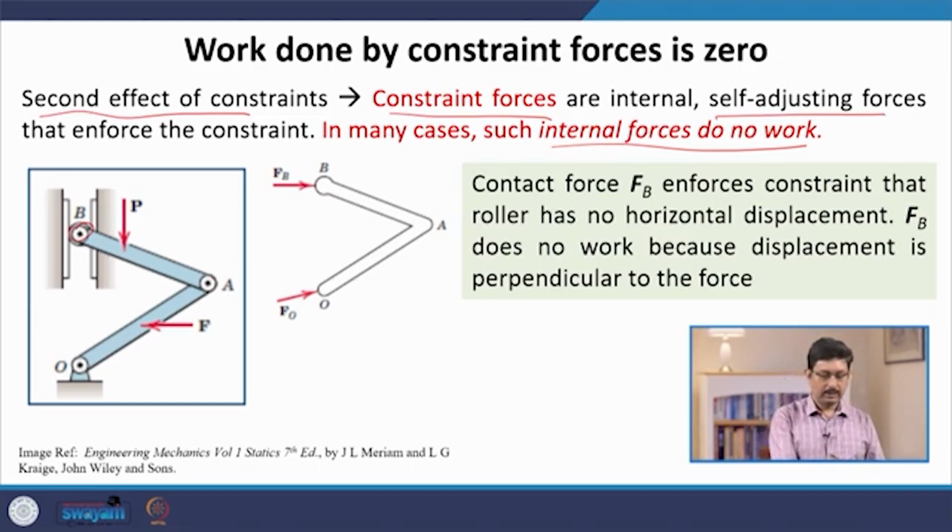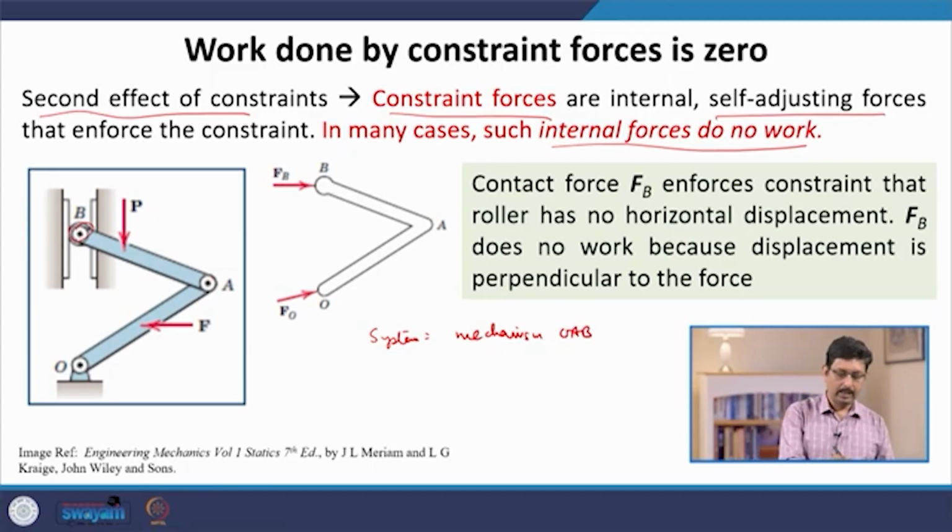Now, the constraint force, the contact. So, what are the external forces? If you take this mechanism OAB as your system, then there is an interaction between. So, there is a contact force, contact interaction at point B between the wall of the channel and the rod.